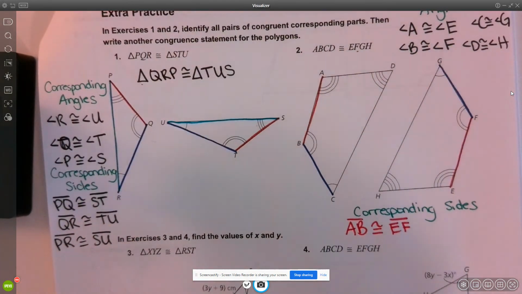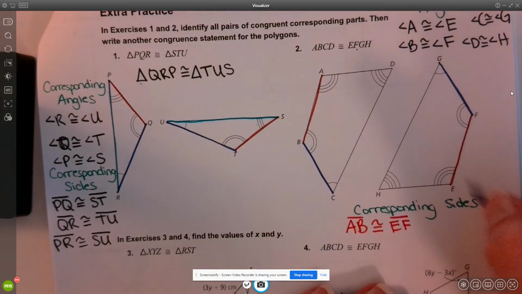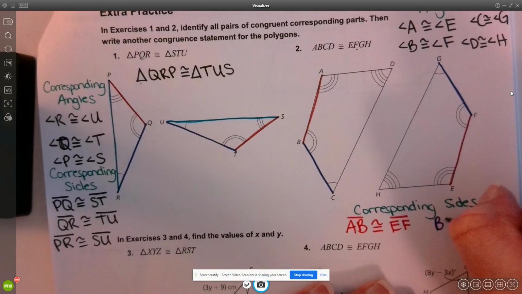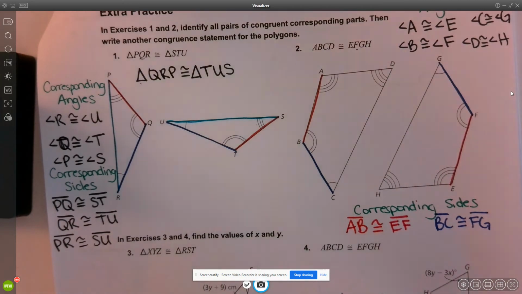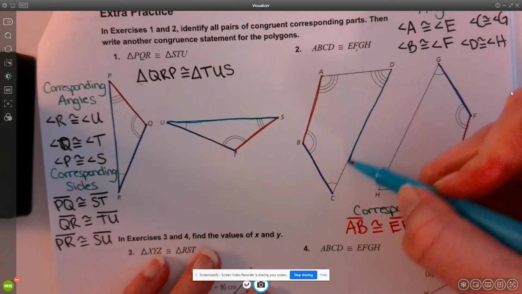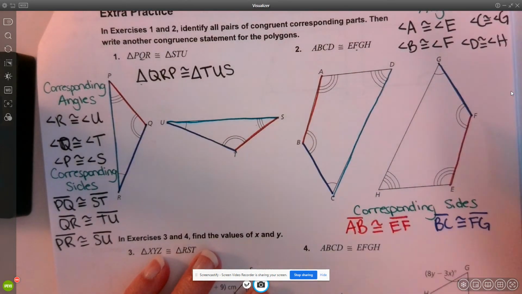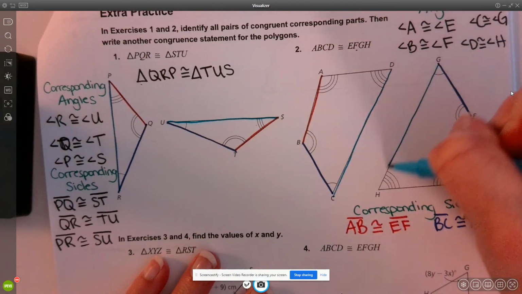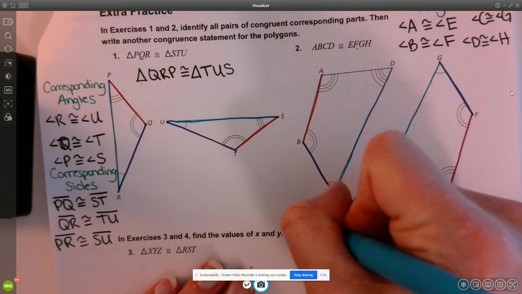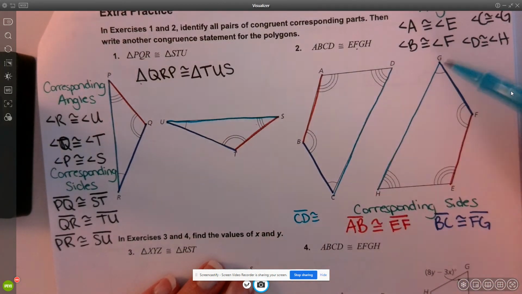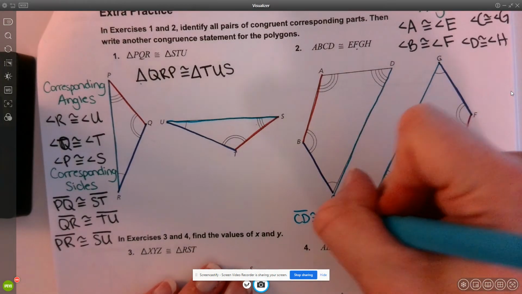Matches with this side. So line segment BC is congruent to line segment FG. Line segment CD, 1 arc, 4 arcs. So line segment CD is congruent to line segment GH.